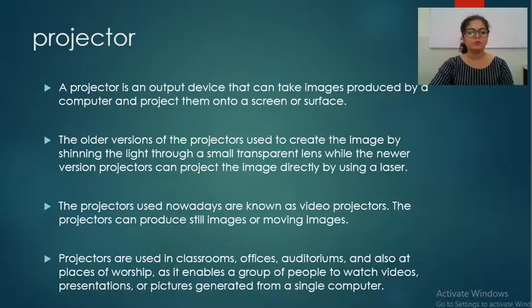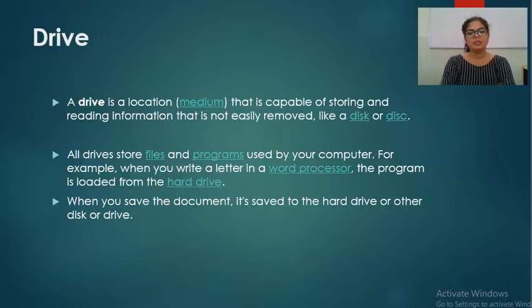Now we have to move to the next part of this unit, which is drive. Now we have to deal with memory, or memory related things, that is, how we can store data in a computer. As we are studying the different peripheral devices, in the last lectures we studied how we can provide input to the computer and how we can get output from the computer.